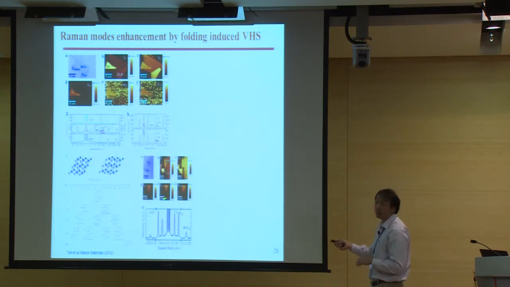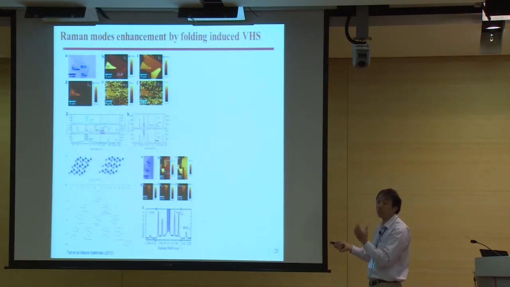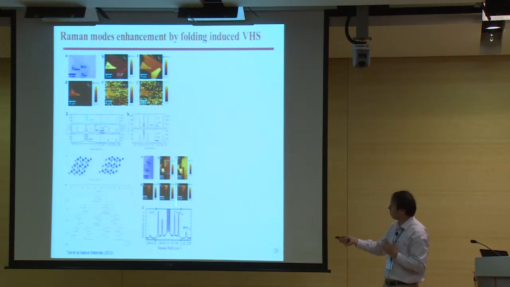What happens for 3 plus 3? We also looked at the 3 plus 3 resonance sample, as you can see here. As mentioned, this is the first time we give a Raman image of a shear mode, because the shear mode is so small that even for a single spectrum it's very hard to get. But with this method, by properly folding, we can enhance the shear mode and even map it.